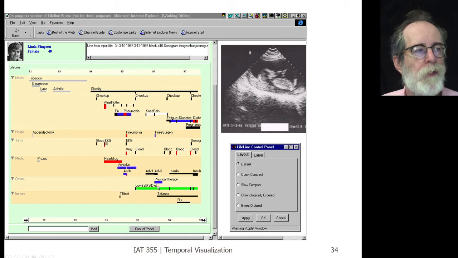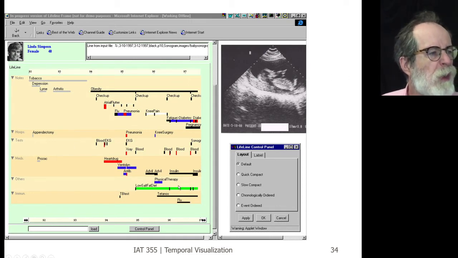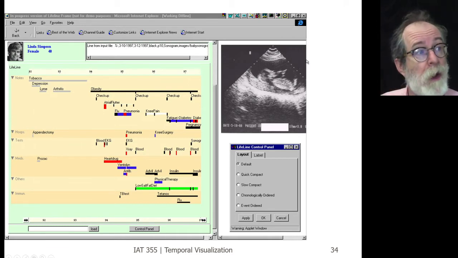And in this system, there's not only the ability to view what happened over time, but also, of course, to drill down on it. So here, I forgot what exactly triggered this, but this is an ultrasound of a pregnancy, and some selection has occurred in the timeline.